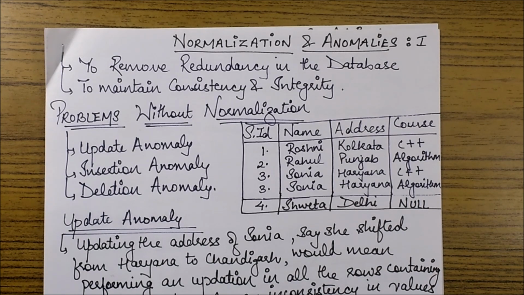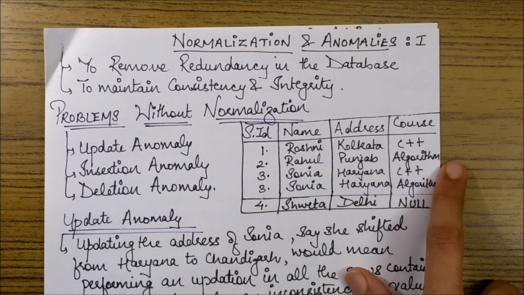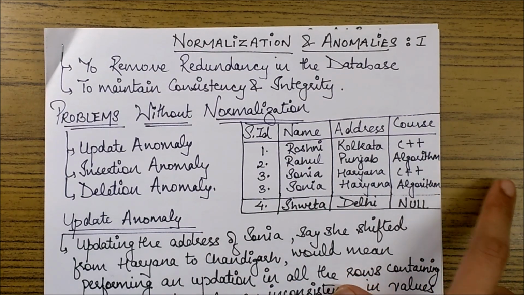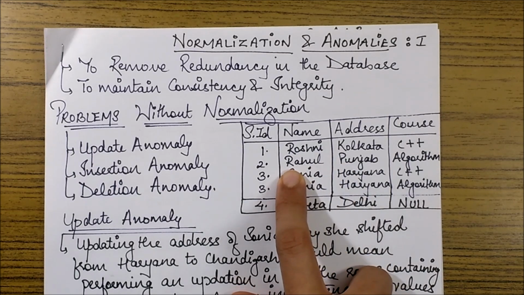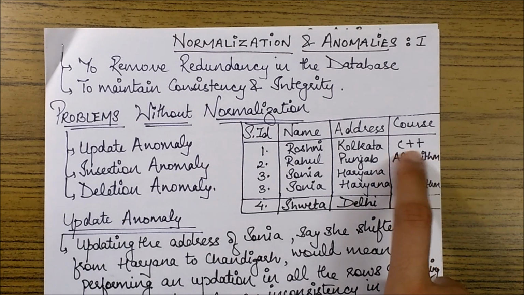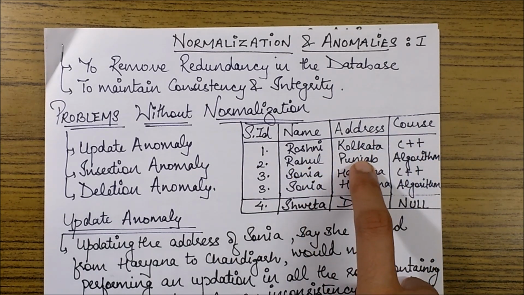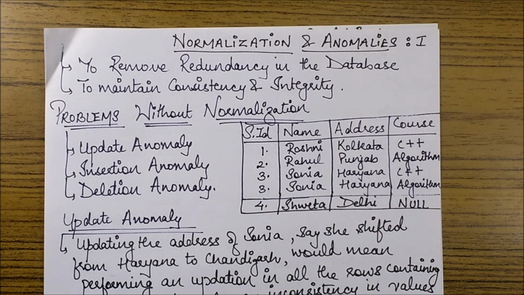To delete this information, I would have to remove this entire record, which would lead to the loss of the information of the address of Rahul as well. So by just removing the course information, it is also leading to the loss of information about the student's address. This is where deletion anomaly occurs.